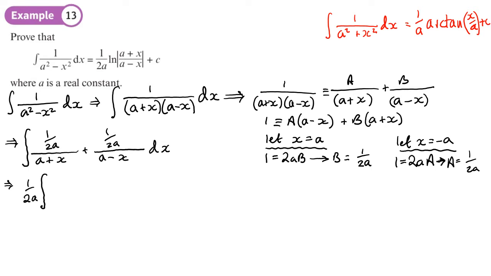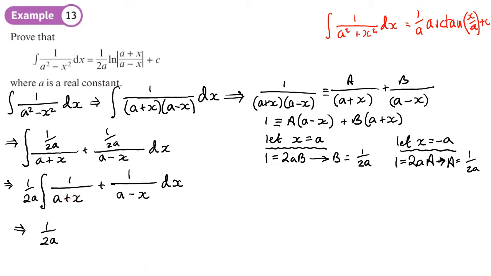So I will have 1 over a plus x plus 1 over a minus x. Now I'll still have the 1 over 2a here, and this will be log of the bottom, because that differentiated will give you 1.